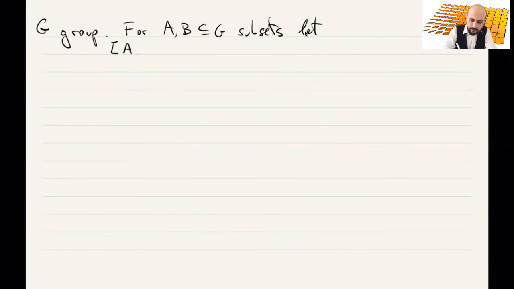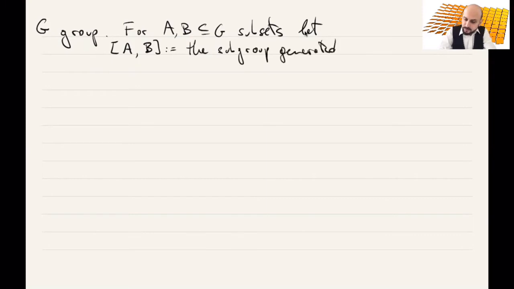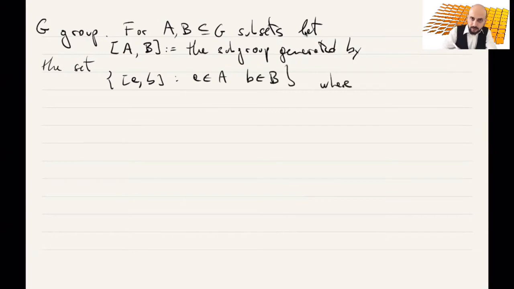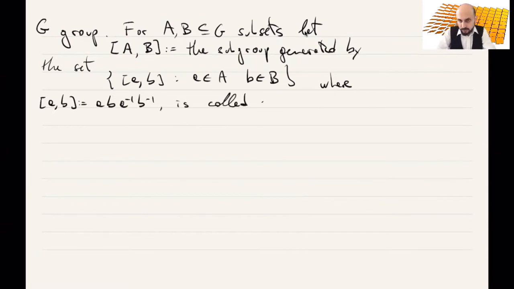So [A, B] denotes the subgroup of G generated by the set of all the commutators between elements, one in A, the second one in B, where the commutator between two elements a and b is a b a^{-1} b^{-1}.